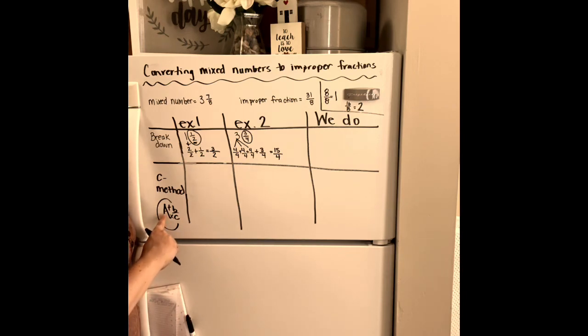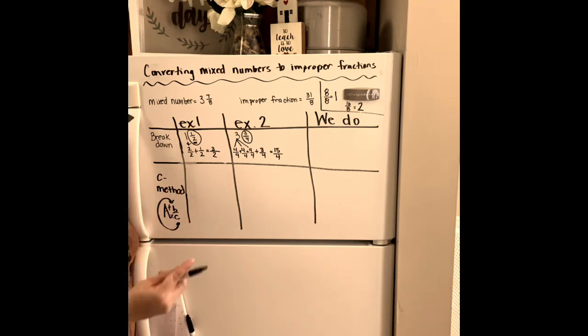I'm going to have a whole with a fraction piece. Okay, and I just used A, B, and C right now to represent what I'm talking about because these could be any numbers. So in my mixed number, I'm going to use the C method and I'm going to start here at the denominator and I'm going to circle around. This is the format that I take. Start at the bottom, circle around.